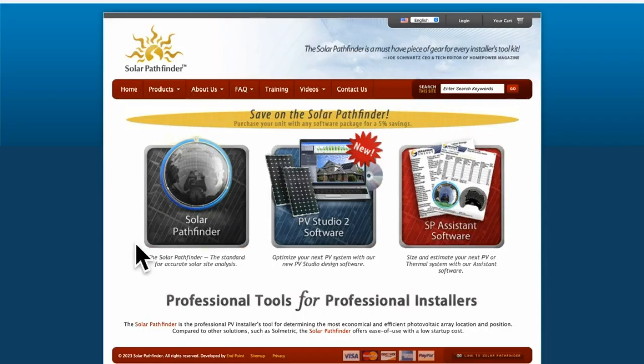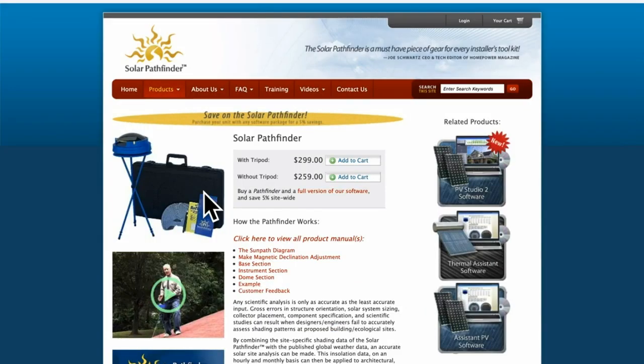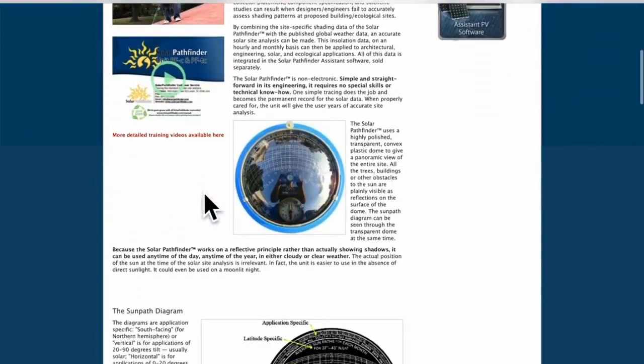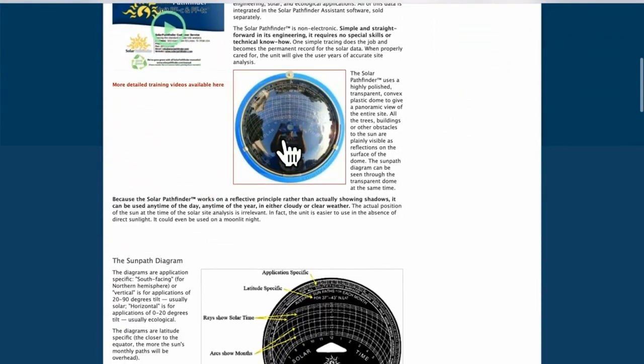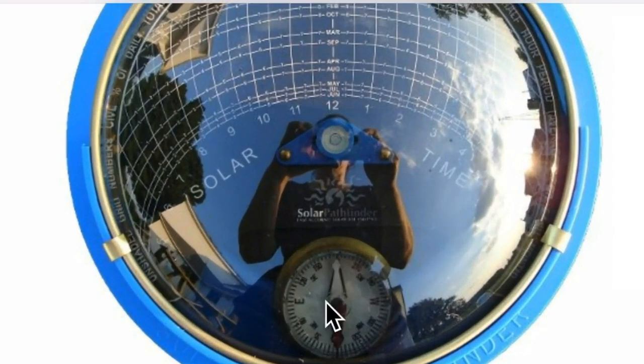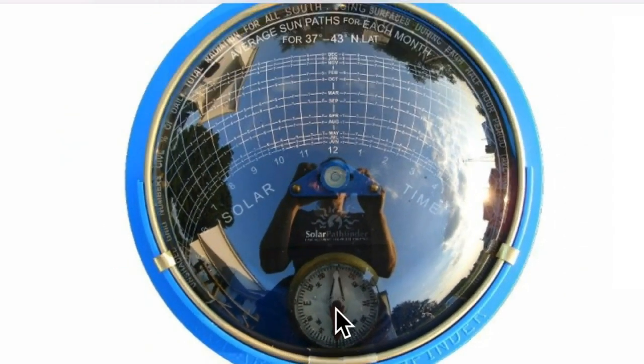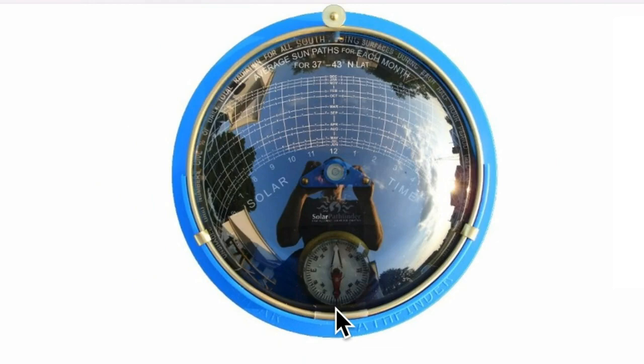I just want to show you also how relevant this is, knowing magnetic declination. So we have this thing called the Solar Pathfinder, and it does have a magnetic compass in it. So if you're on the West Coast, where they have the counterculture, you can spin this whole base counterclockwise to correct for magnetic declination.